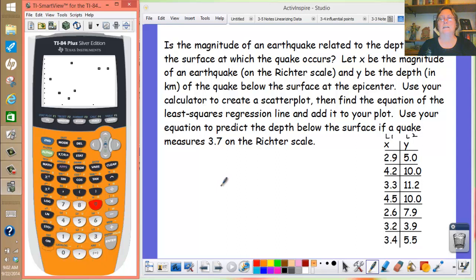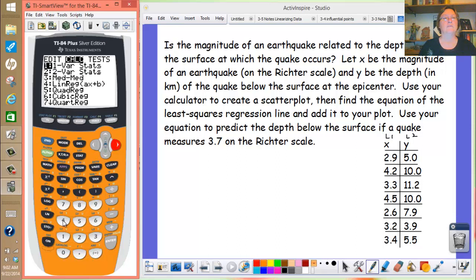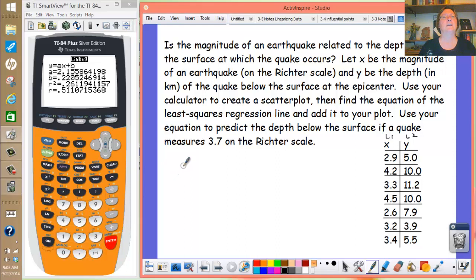Here's the scatter plot that I came up with. It does look kind of scattered, but I can envision a line that would go through the middle. Let's come on and get that line. If you'll recall, the keystrokes to find the linear regression are stat, over to calc, choose number 4, lin-reg. As long as your stuff's in list 1 and 2, you should just be able to go to calculate. And here's the equation that the calculator gives me.